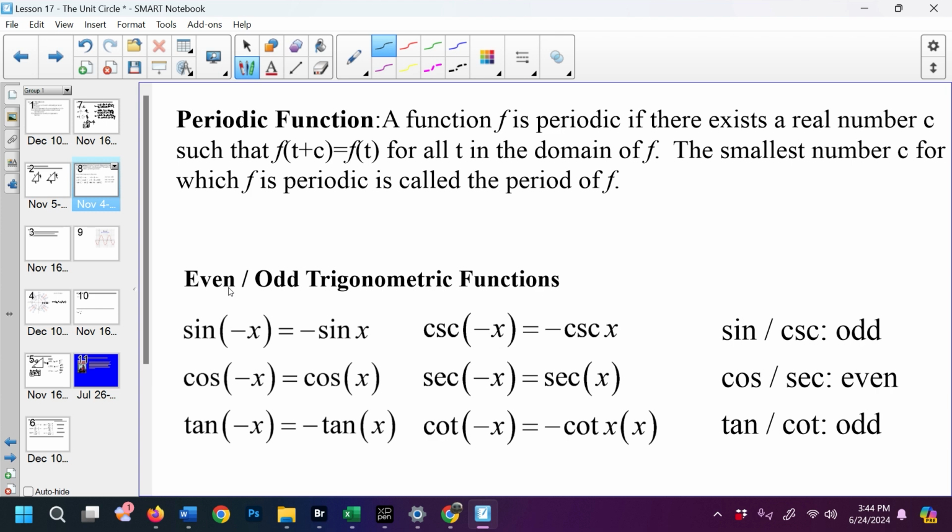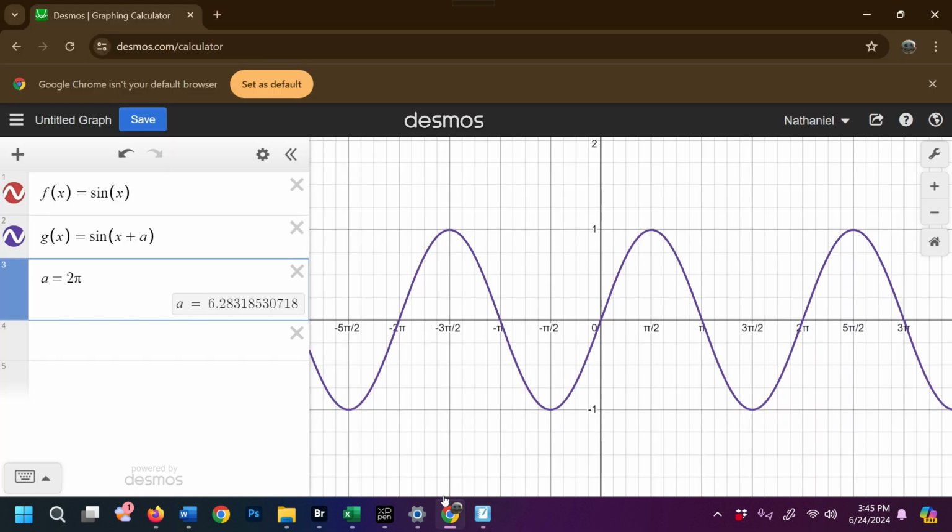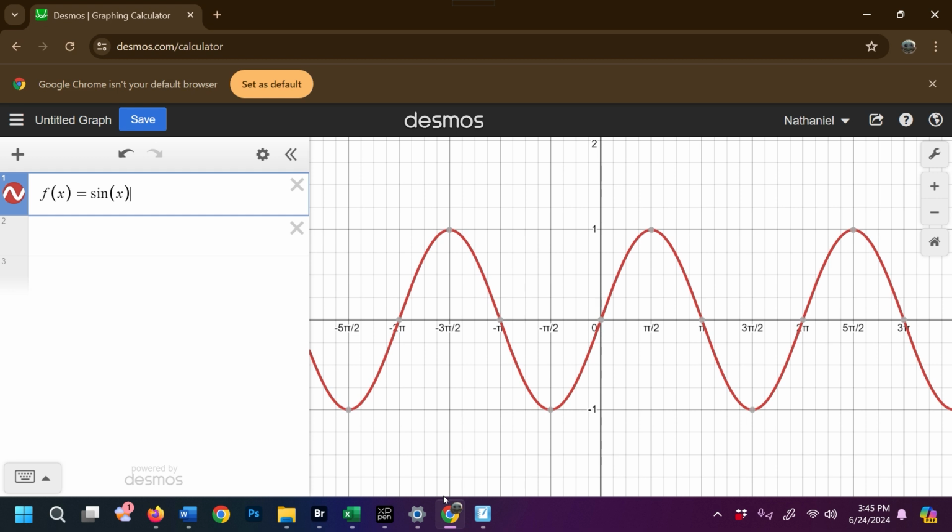And we know that if you look at sine by itself, it is symmetric about the origin. And what I mean by symmetric about the origin is for any x, y value, there's also negative x, negative y. So pi over 2, 1 has a corresponding point, negative pi over 2, negative 1. And you can do that for any point on sine.